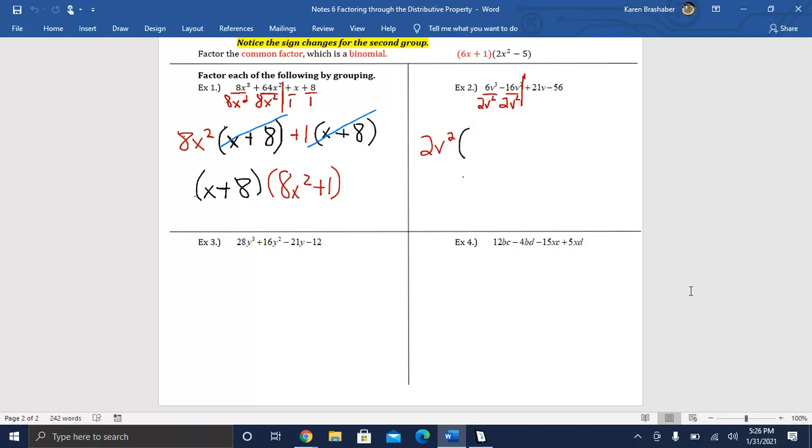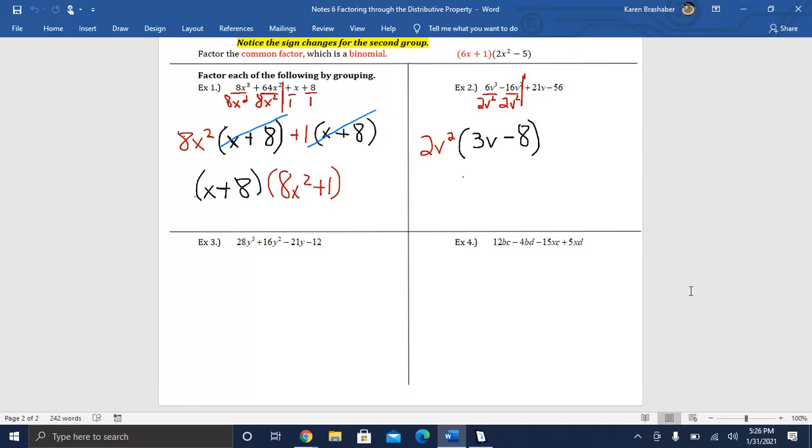So 6 divided by 2 is 3. And our v's, we subtract exponents, and we'll have v to the first. Then we have minus 16 divided by 2 is an 8. And then our v to the seconds cancel. And so this is the end of that common factor.